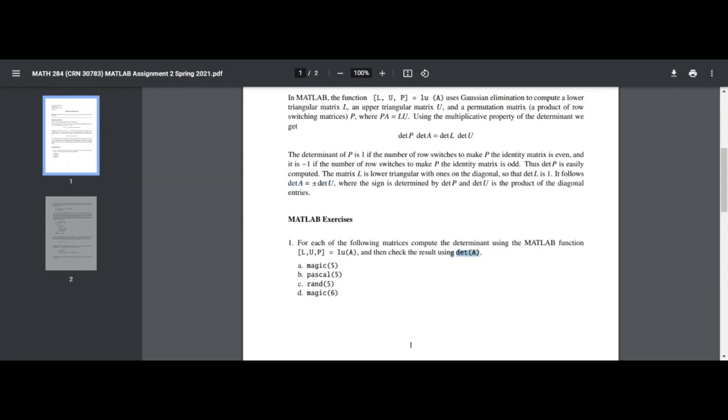So as a check on the determinant of A, you're going to check it by computing plus or minus the determinant of U. But of course, how do you find plus or minus? Where would that come from? So think about the little formula here, and I think you can kind of figure this out, but you're going to check the determinant of A in MATLAB by this formula here that I've highlighted in blue.